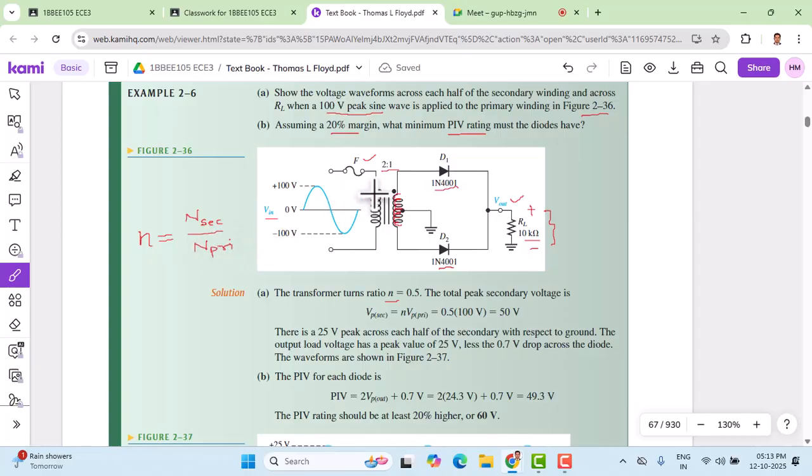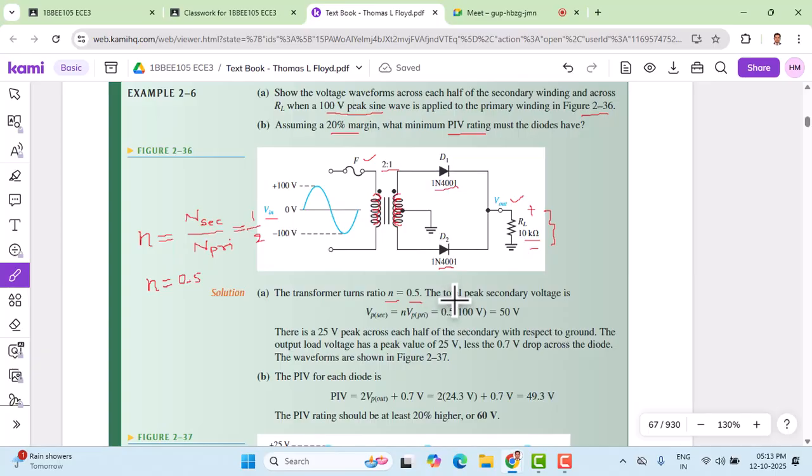If you take the ratio of this, that gives me n. In this case, it is given as 1 by 2. 1 is the secondary turns, and 2 is the number of turns in the primary. Therefore, small n is going to be 0.5. That is the transformer turns ratio, small n, we have calculated.